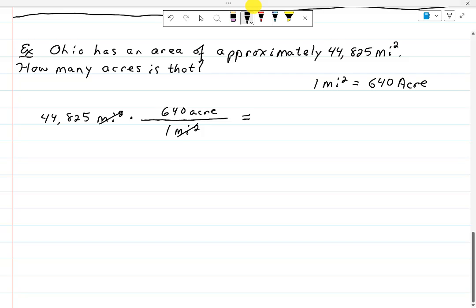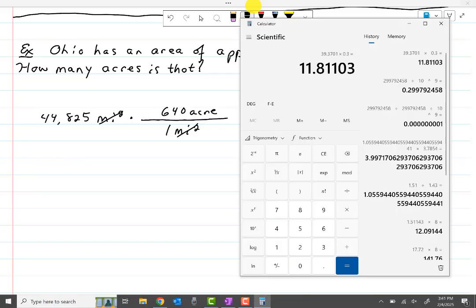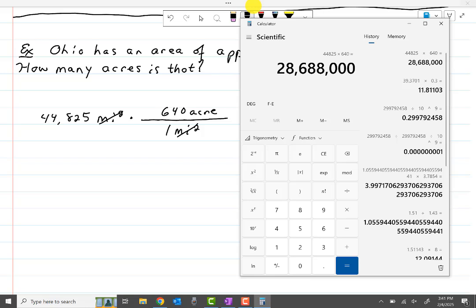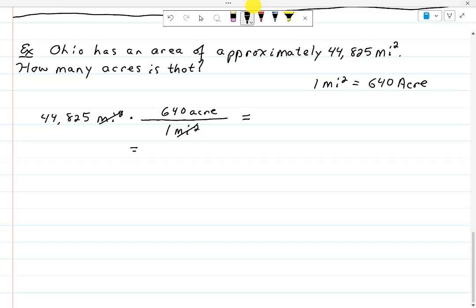Make sure you get your units in. 44,825 times 640, and we get 28,688,000. And this is acres.